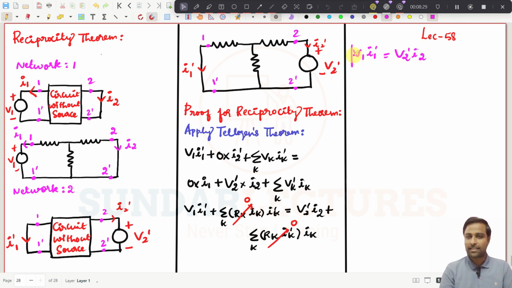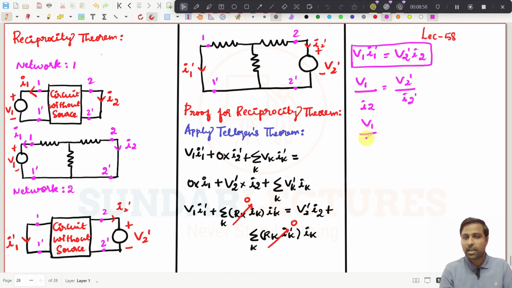So this is actually the reciprocity theorem, and I can write it down, see V1 by I2 should be equal to V2 dash by I1 dash. I can write like this, or maybe there are so many ways to write this. Maybe V1 by V2 dash should be equal to I1 dash by I2, and so many things, right?